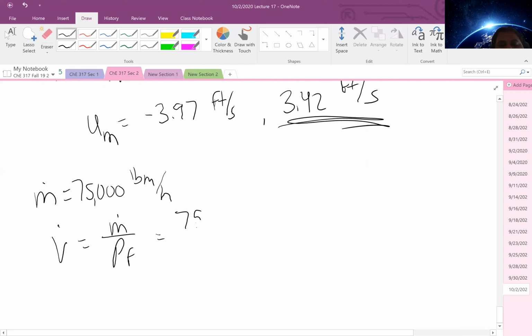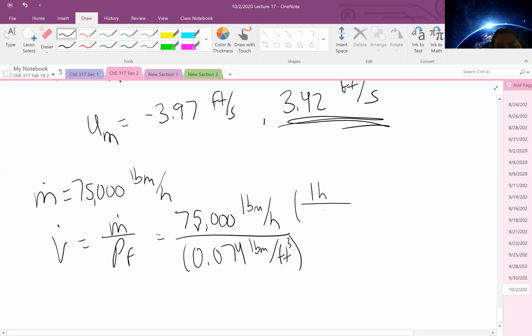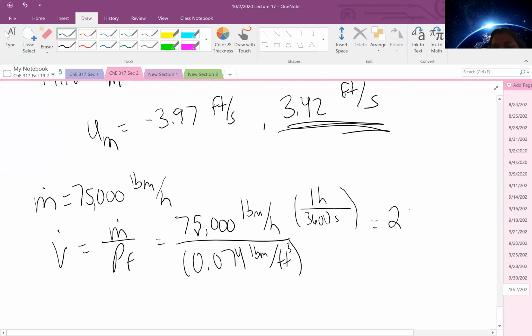I can say 75,000 pounds per hour divided by 0.074 pound mass per cubic feet, and then convert this. 1 hour is 3,600 seconds. I should get my volumetric flow rate, which is approximately 281.5 cubic feet per second. Quite a bit of flow.